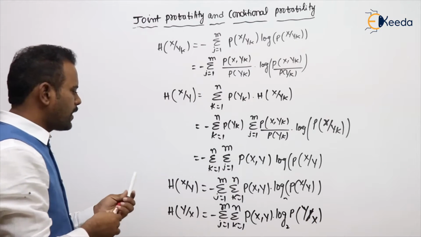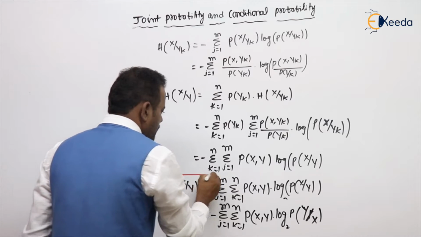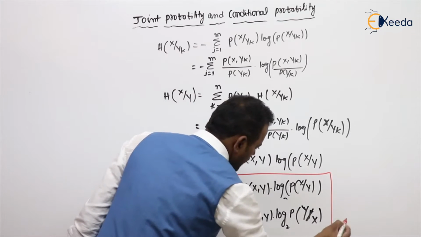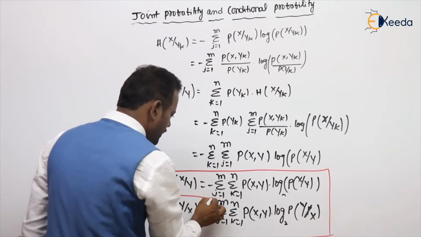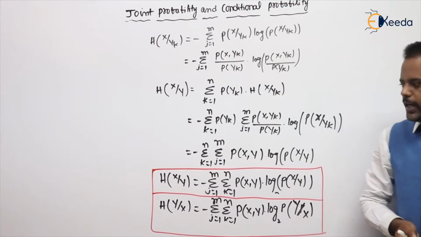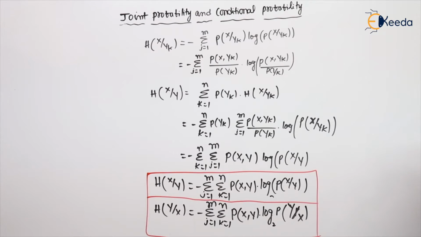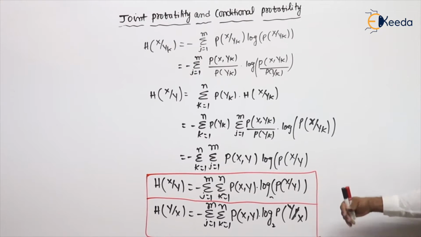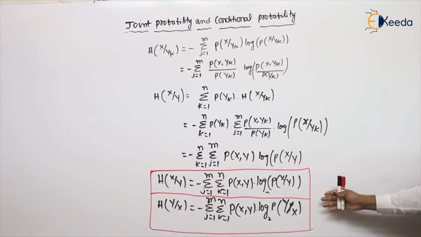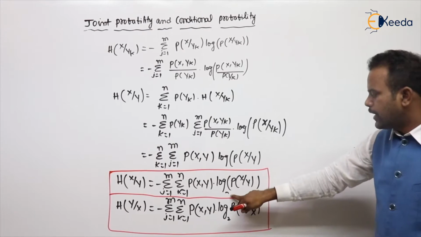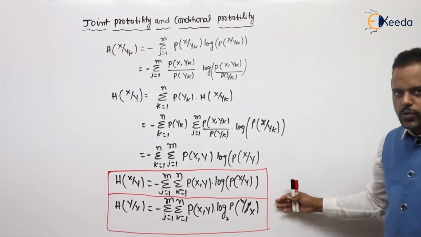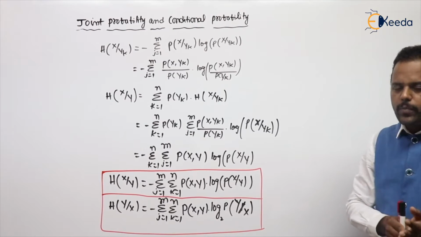So finally these two are the entropy formulas of the conditional probabilities, or the average. Entropy means average information also you can say. So the whole discussion we have done is for deriving the formulas for conditional entropies. For the conditional probabilities we got the conditional entropy formulas. So try to remember at least these two formulas. The remaining derivation is not that mandatory. Remember these two formulas, then we will go forward to different problems.